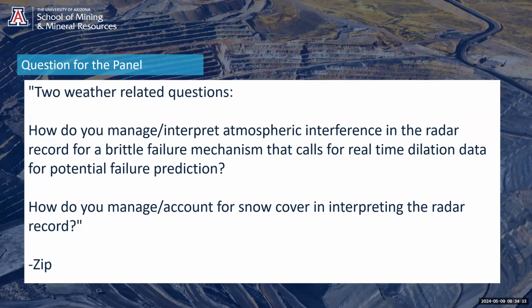In that case, SIP has been a good defender of the implementation of extensometers in real time, that if placed properly, would avoid any issue the radar may have. But this is a radar panel, so let's leave the other instrumentation aside. So limitations from the radars, yes, sometimes you cannot manage those with snow conditions, but sometimes you can.